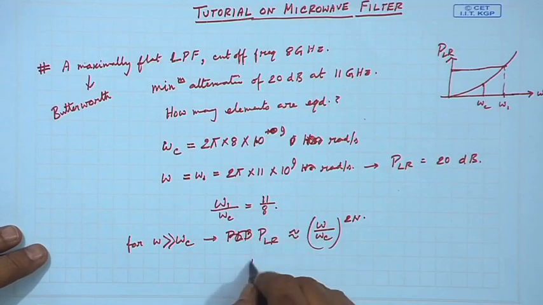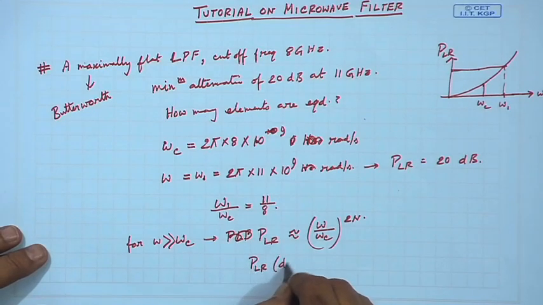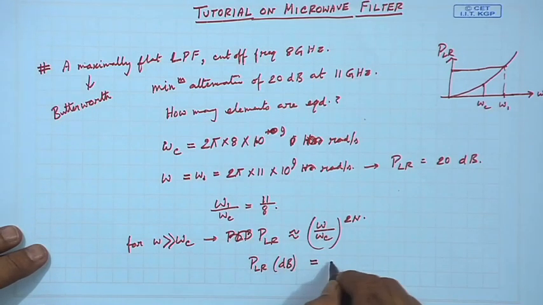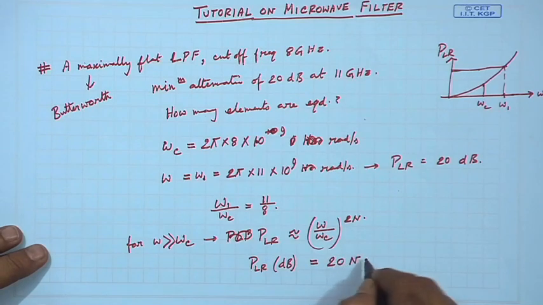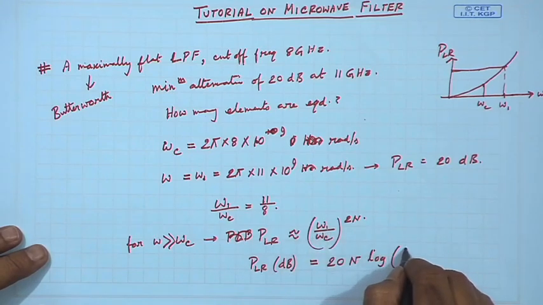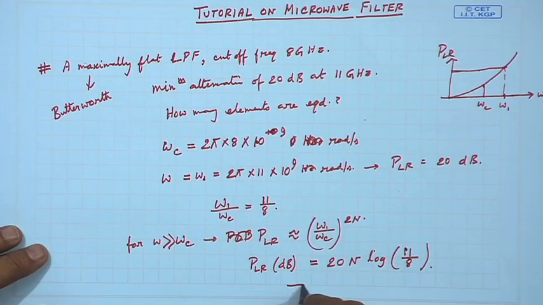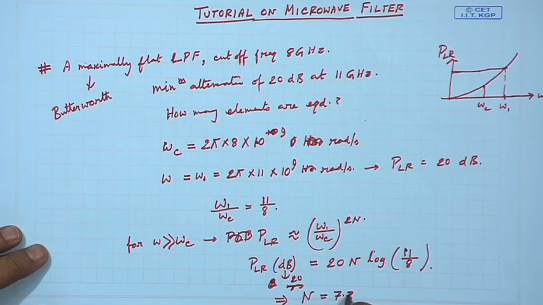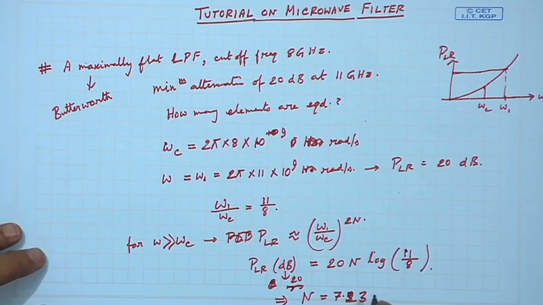So, if I put it in dB, PLR in dB will be 20 n log of omega 1 by omega c, so 11 by 8. Put this equal to 20, and solving gives n as 7.23.